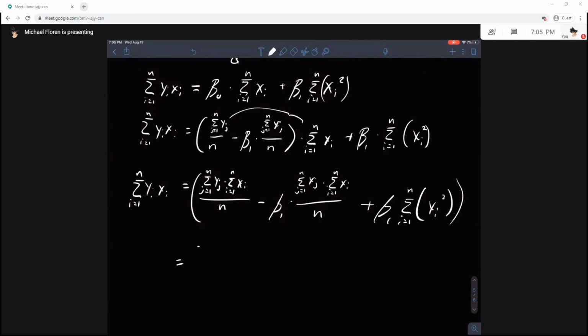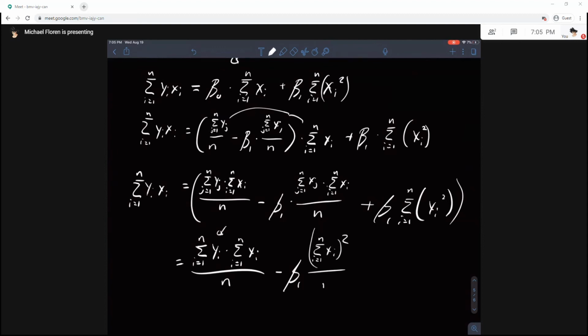is the sum from i equals 1 to n of y sub i times the sum from i equals 1 to n of x sub i, and I know I've changed my iterator in y. That's going to be okay. Minus beta 1 times the sum of i equals 1 to n of x sub i quantity squared.